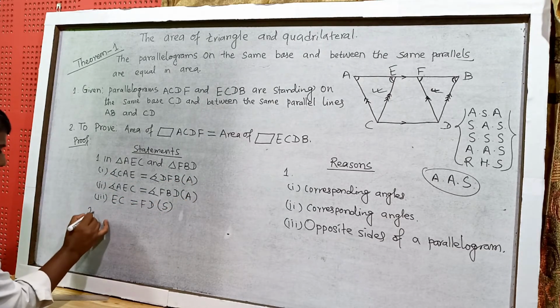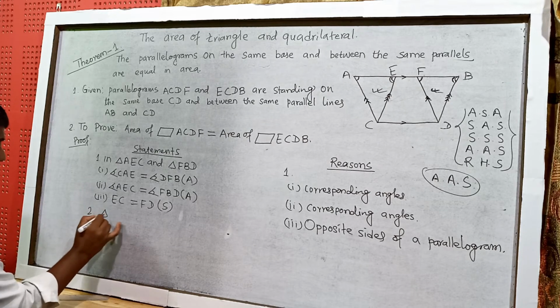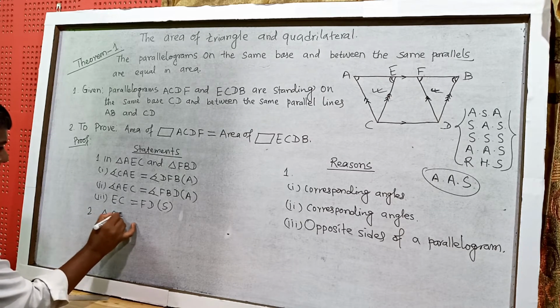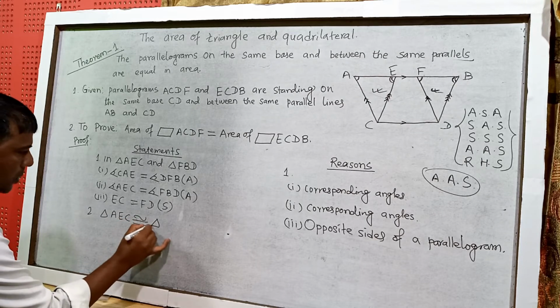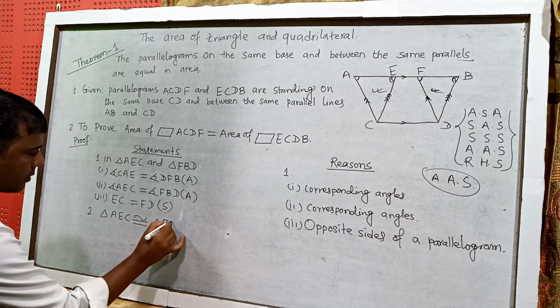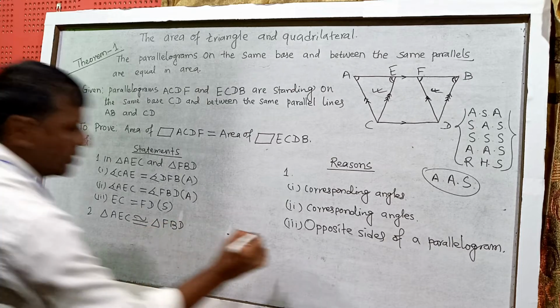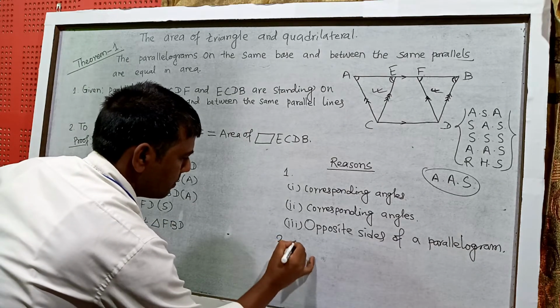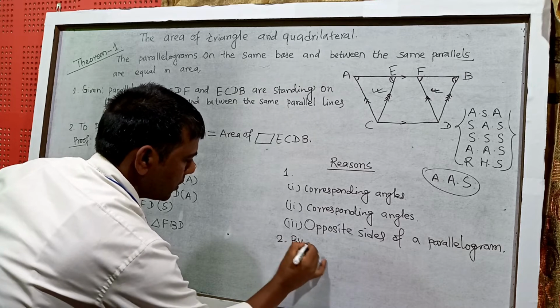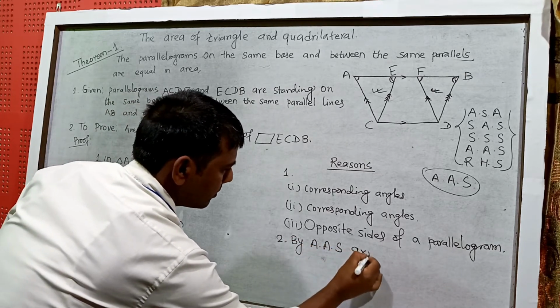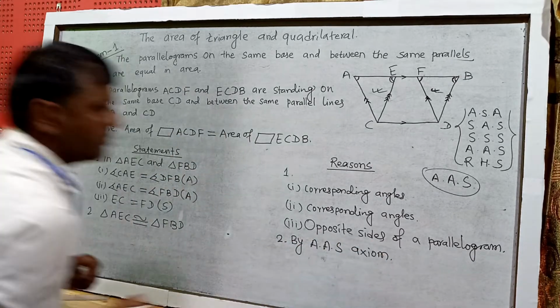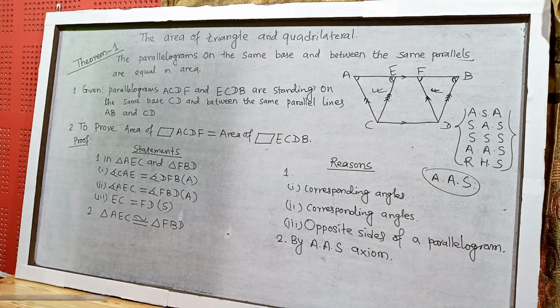So let's write triangle AEC congruent to triangle FBD by angle, angle, side axiom. By this axiom, the triangles become congruent.